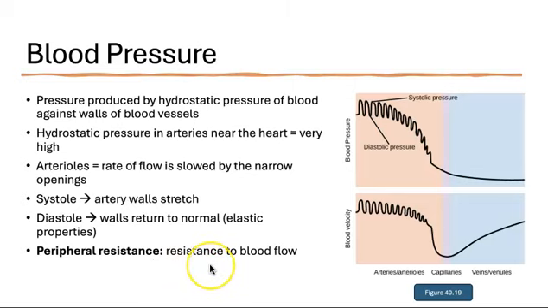Essentially, that's resistance to blood flow. There's a couple of different ways to create this, but the one that really affects it is vasoconstriction and vasodilation. So when we vasoconstrict, we are increasing peripheral resistance, and that increases blood pressure.